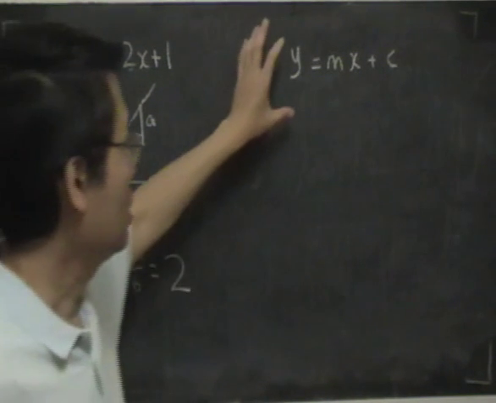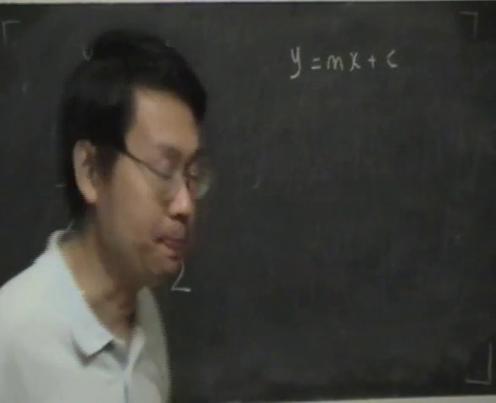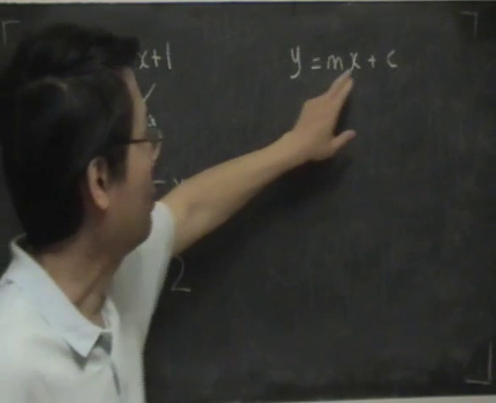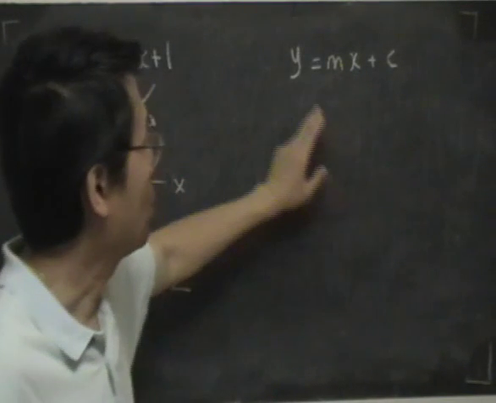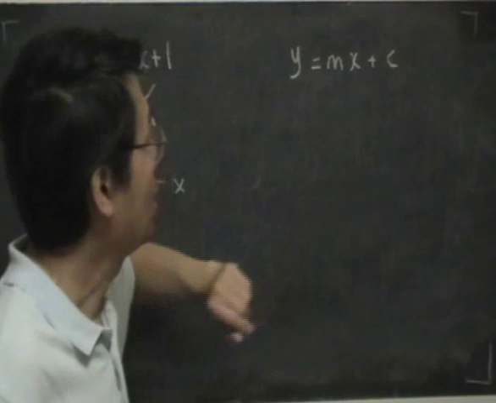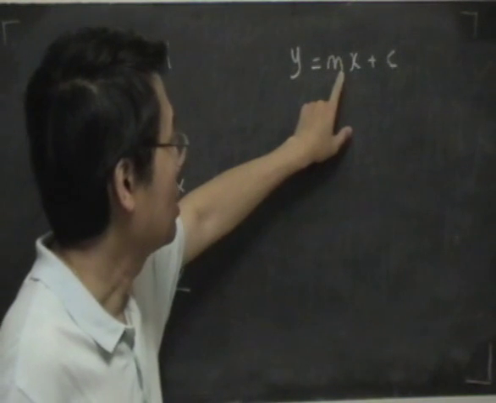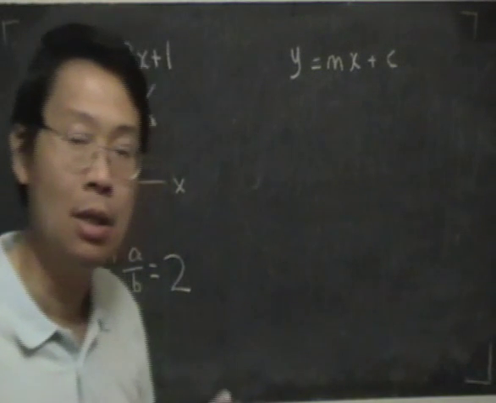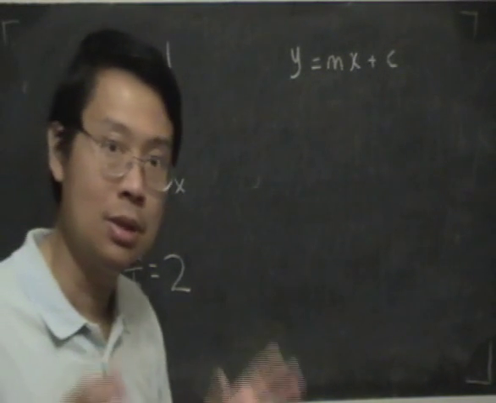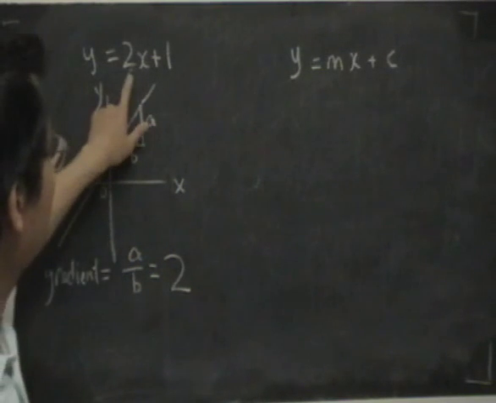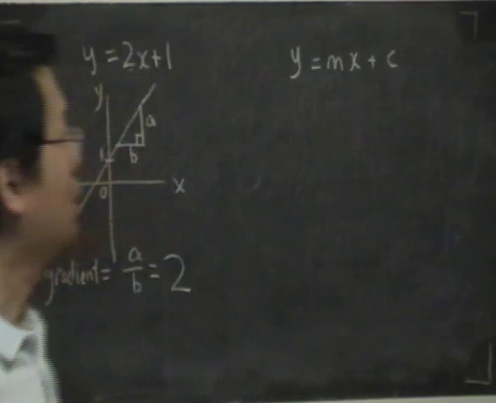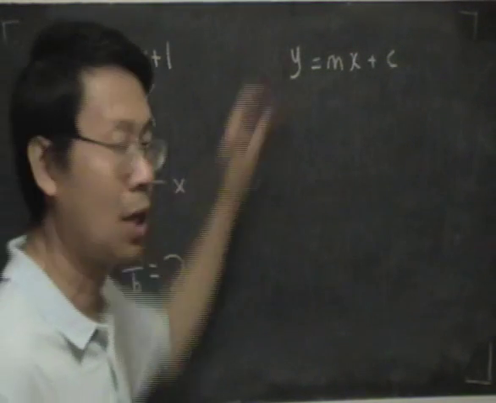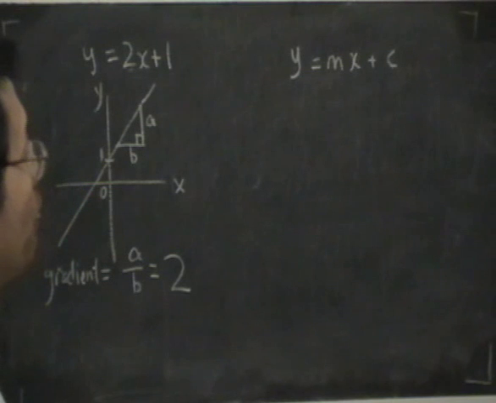So when I say this type of equation, it means that I have x, I have y, and the symbols m and c represent some numbers like 2 and 1. Okay, so I've just represented this type of equation by symbols.